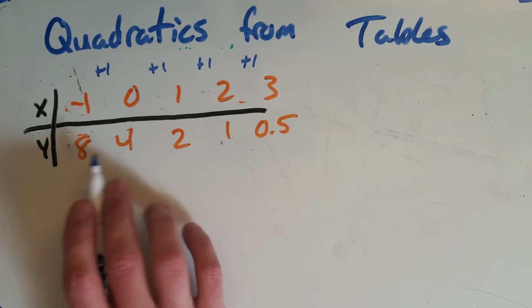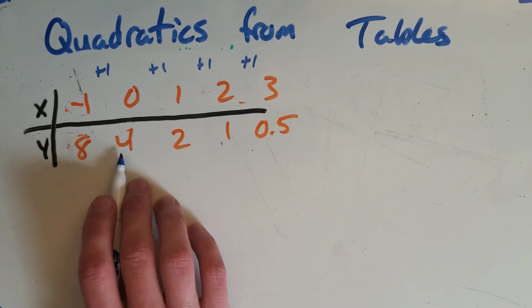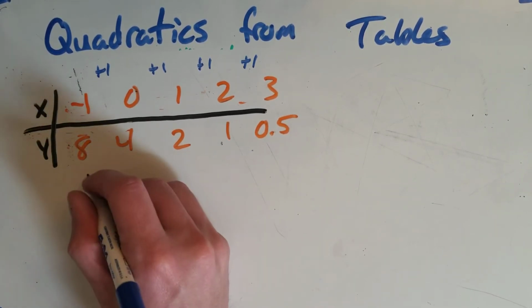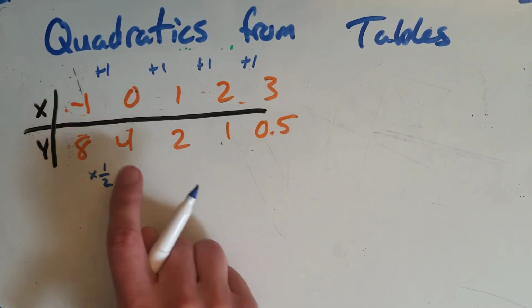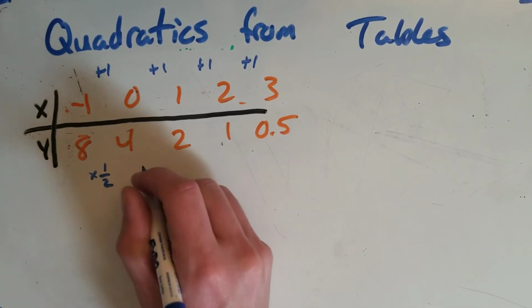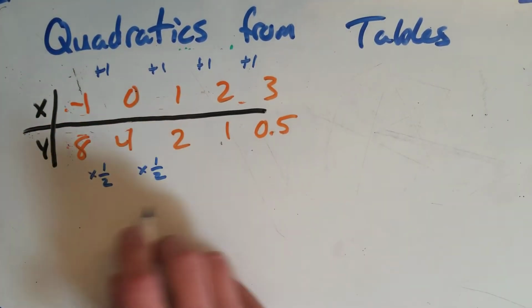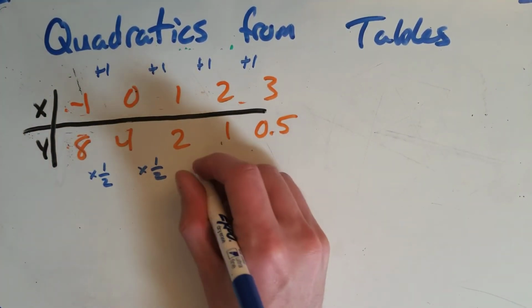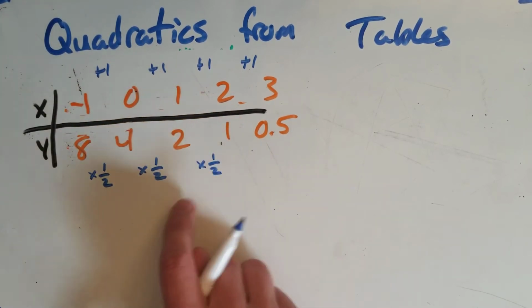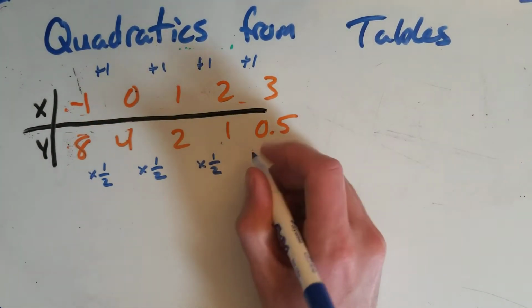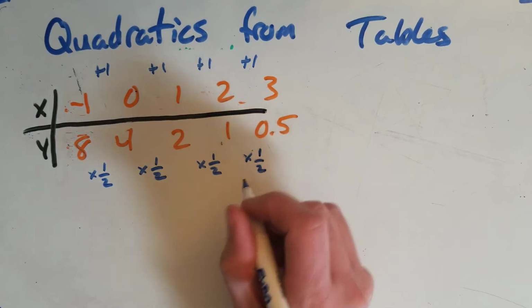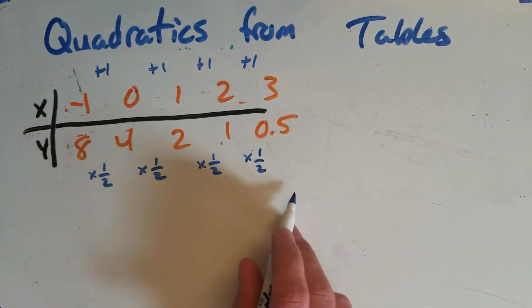To go from 8 to 4, what do you have to multiply by? Well, to get from 8 to 4, you'd have to take half. So you're multiplying by 1/2. To get from 4 to 2, you're multiplying by 1/2. So we have a pattern going, but it has to be consistent throughout everything. To go from 2 to 1, you'd be multiplying by 1/2. And to go from 1 to 1/2, you would multiply by 1/2.